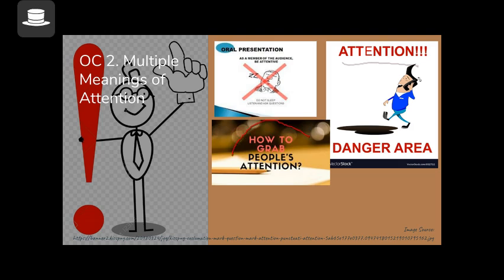Or attention is also used as in, that something caught my attention, as if it's not a conscious choice, but it caught your attention. Or attention could also mean a basic thing, a mental state of being awake or aware. So attention is used in different ways, and in fact, attention means several things.